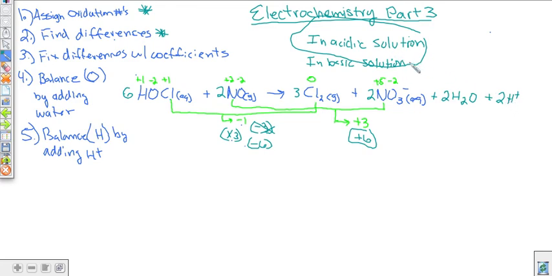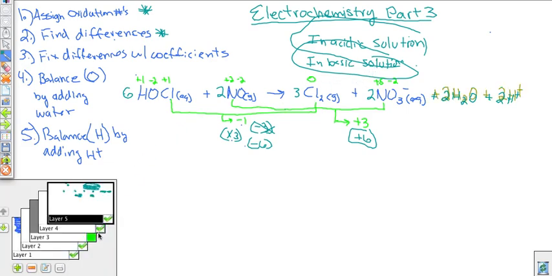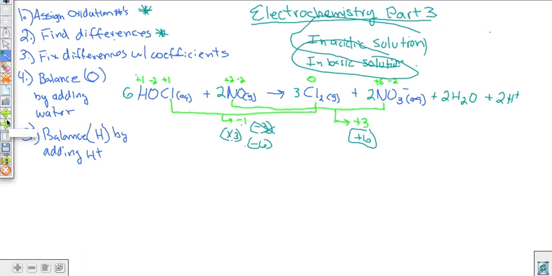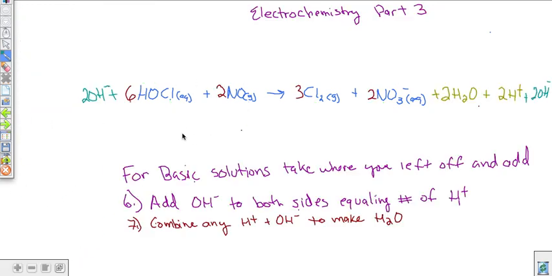Now, what do we do when we're working within a basic solution? In a basic solution, we're just going to add a couple of rules. I think I've got it on the next page. So for basic solutions, here we are where we left off before.